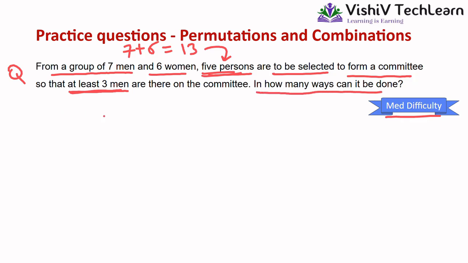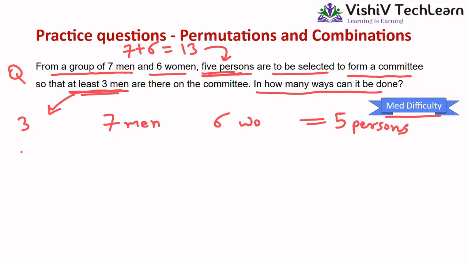So total 7 men are there and 6 women are there. Out of 7 men and 6 women we have to form a committee of 5 persons, but the condition is at least there have to be 3 men. At least 3 men means 3 is allowed, 4 is also allowed, and 5 is also allowed.